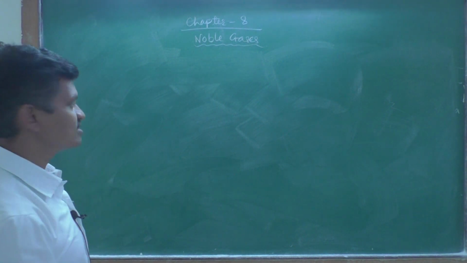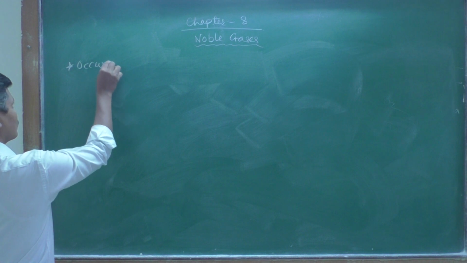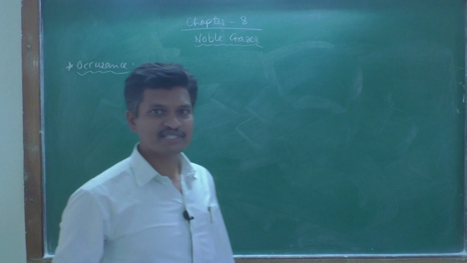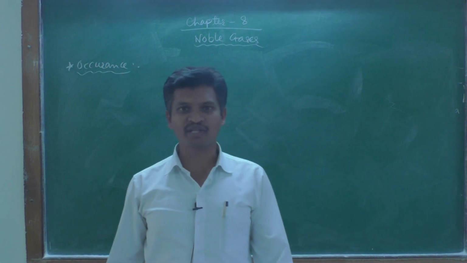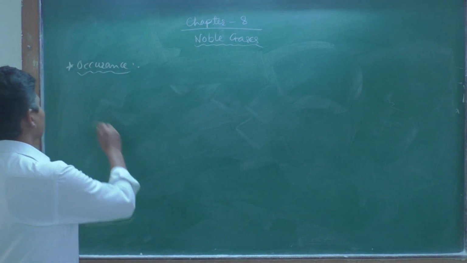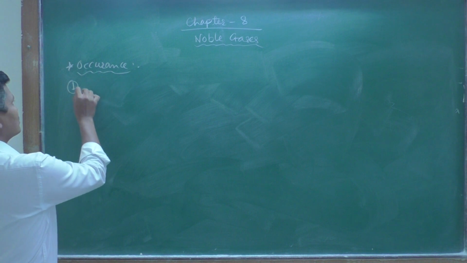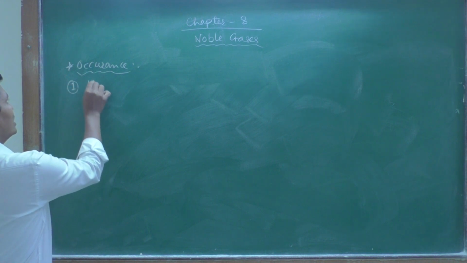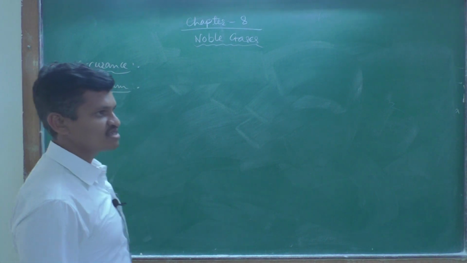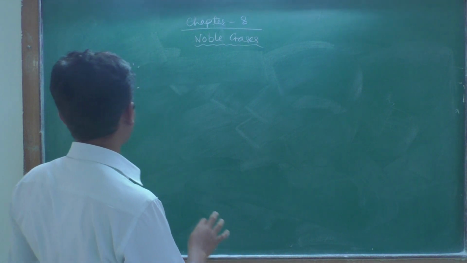The abundance of noble gases is very less in the atmosphere as compared to other elements, but they are not rare actually, because helium is present on the sun's surface.